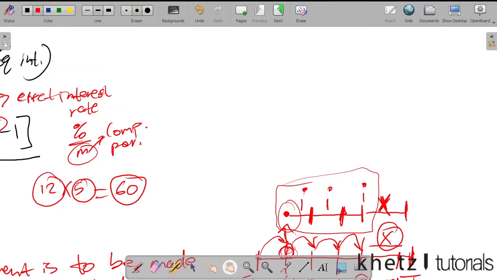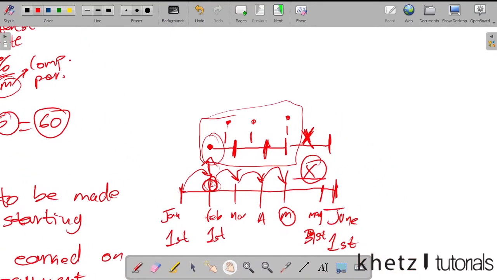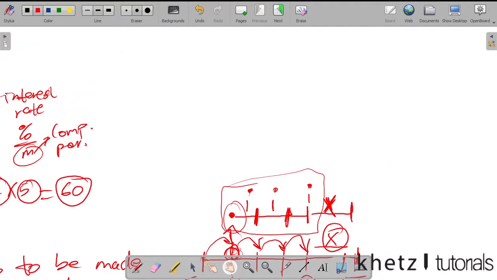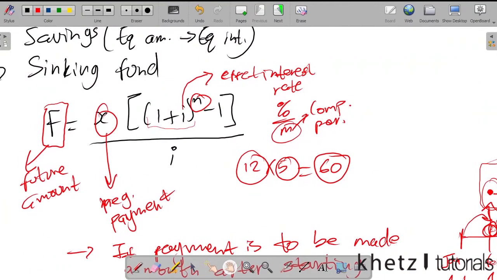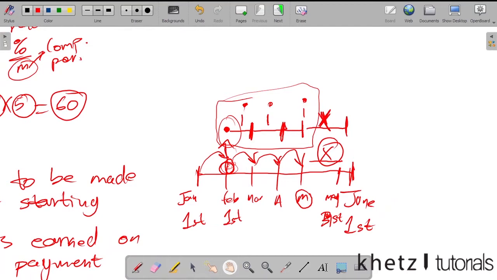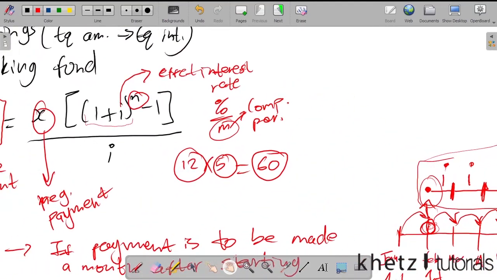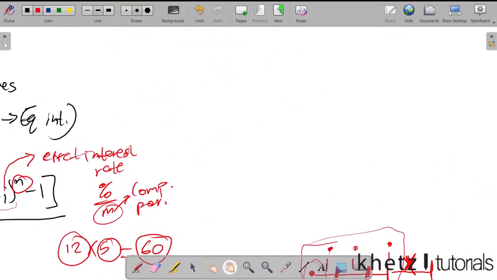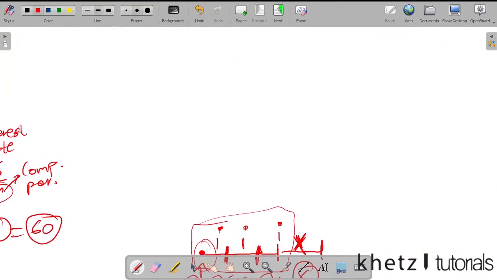So we can also move on to say that since we know that the normal formula of our future value works when we are supposed to pay a month after we actually started, then what happens if we are expected to pay immediately?